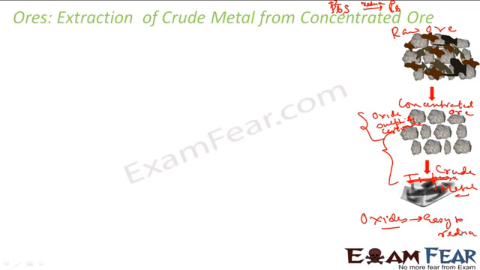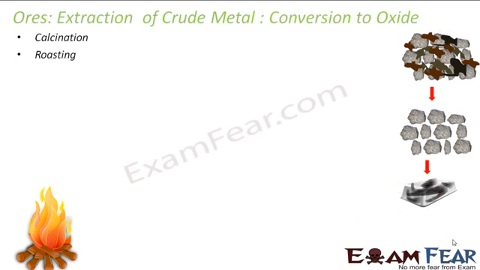So sometimes we convert sulfide to oxide and then reduce, if it is a sulfide ore. There are two steps actually: calcination and roasting. In both calcination and roasting, we need heat.